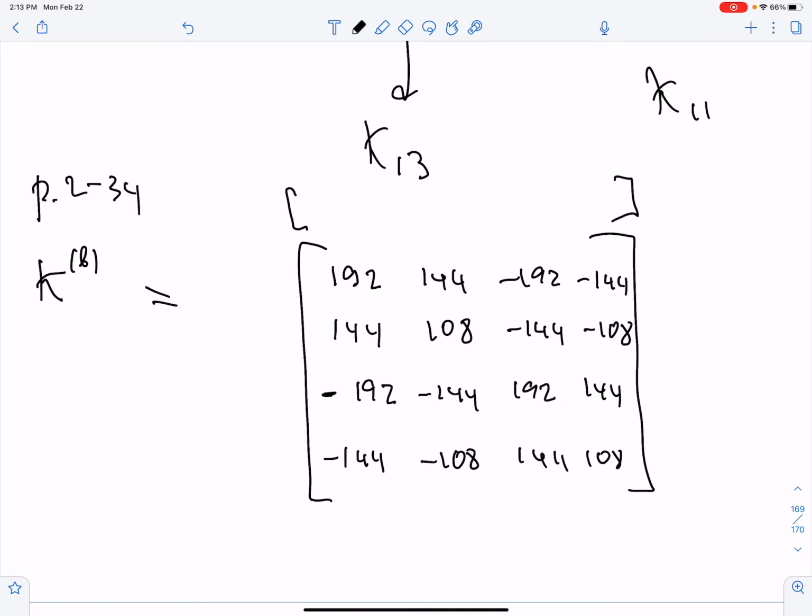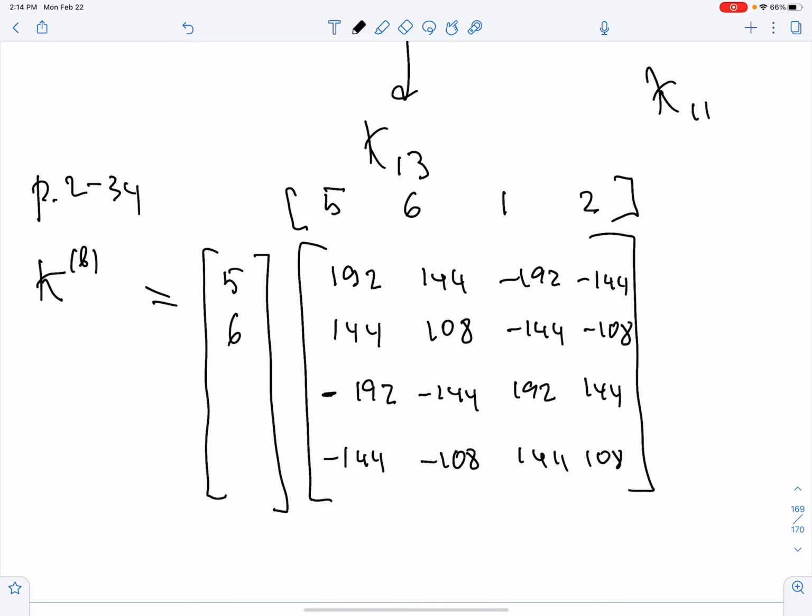Now, ID array, these are the old entries, 1 and 2. And then we bring back the restrained DOFs, and their corresponding global degrees of freedom are 5 and 6. So we put them here, 1, 2.